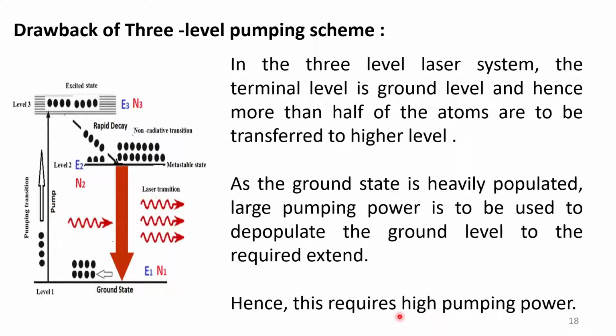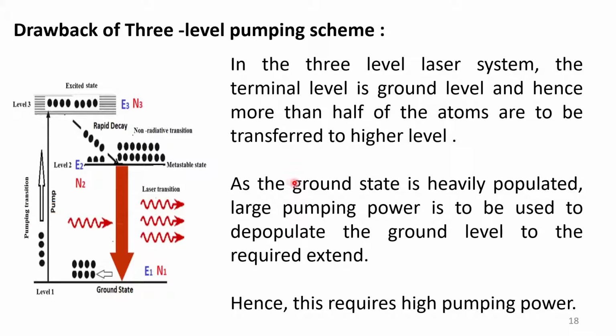Now, there is one drawback of the three-level pumping scheme. In a three-level laser system, the terminal level is the ground level, and hence more than half of the atoms are to be transferred to the higher energy level. In this three-level pumping scheme, the population inversion is achieved between the metastable state and the ground state.